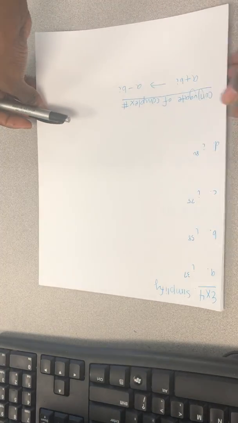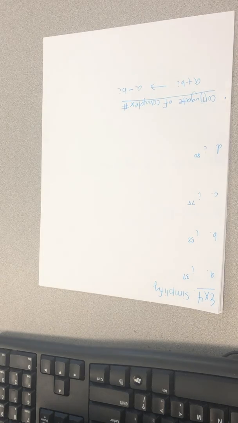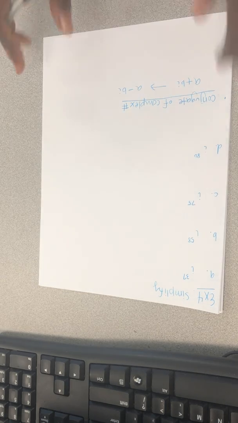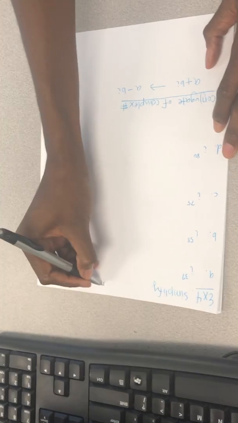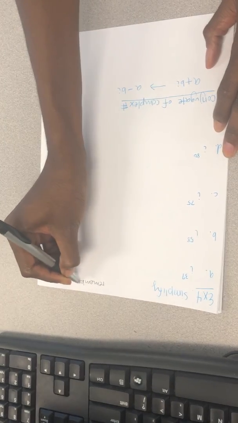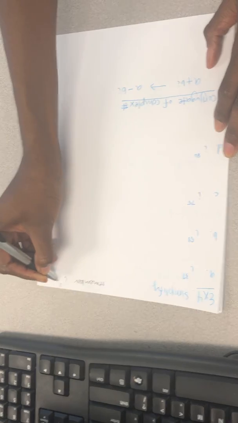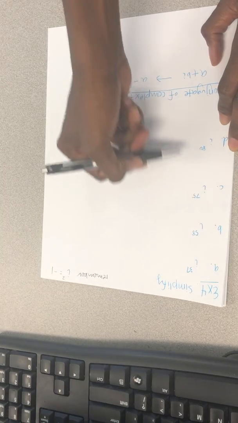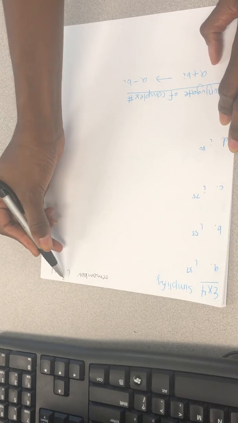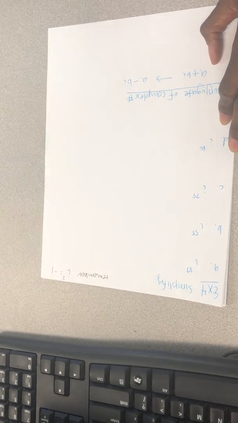So moving on to the next question. We have some simplifying to do. Basically with these ones, what you want to do is remember again that our i squared is equal to negative 1. So we want to be able to change all of these to a power of i squared, okay?